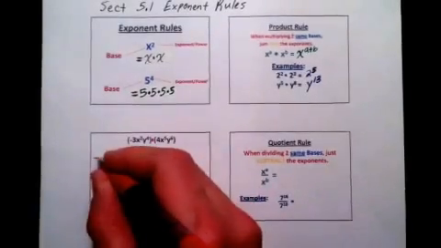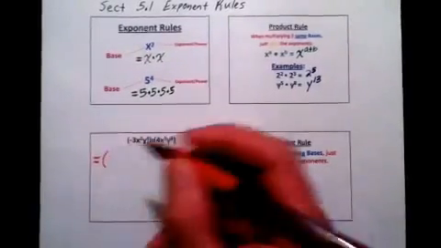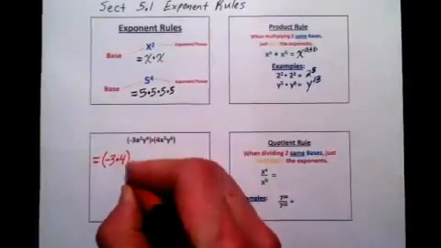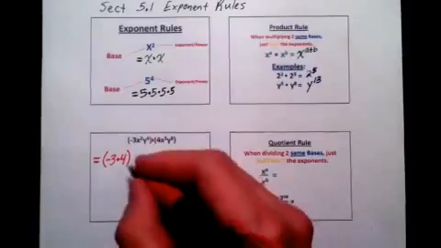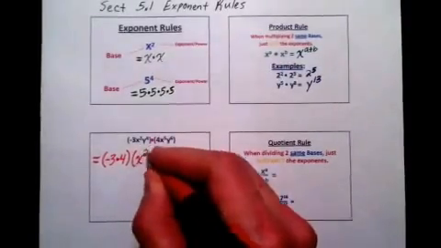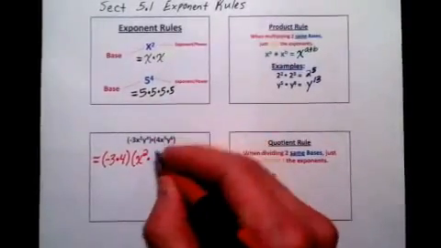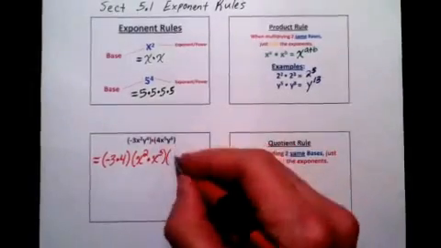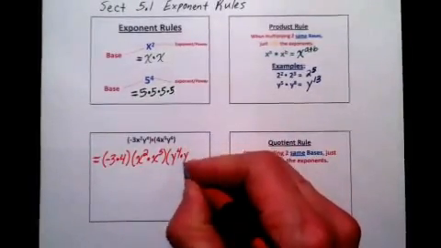So in your head, although you don't necessarily have to write this step out, this is what should be going on. We're multiplying -3 times the 4, the coefficients out front. We're going to be combining the x pieces, x squared times x to the fifth, and then y to the fourth times y to the sixth.